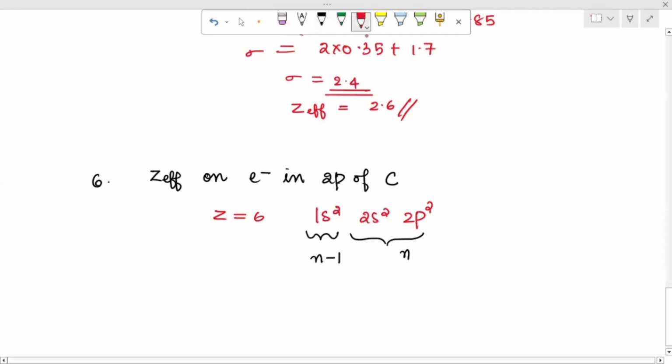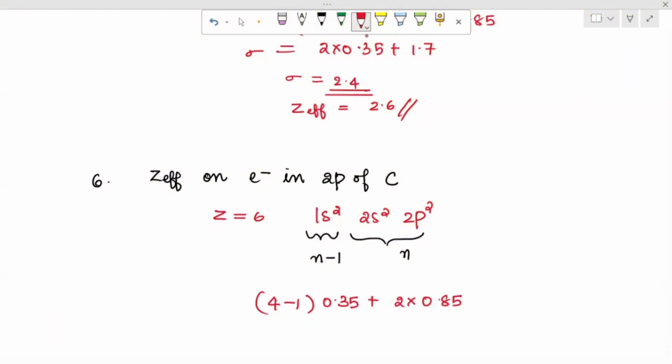So this is 4 electrons in n. So 4 minus 1 into 0.35 plus 2 into 0.85. That's it. No rest of the electrons. So 3 into 0.35 plus, let me calculate. I haven't calculated it.